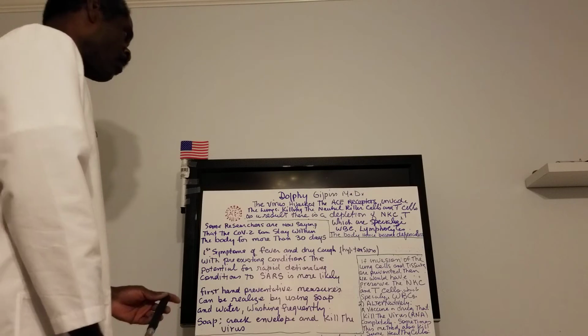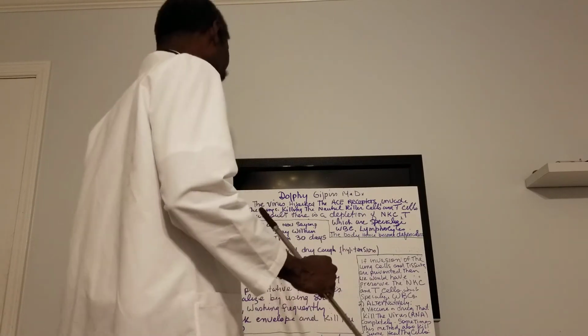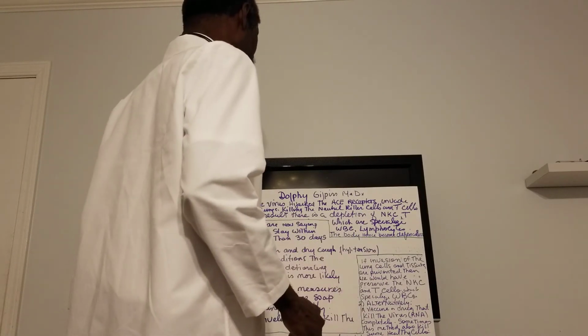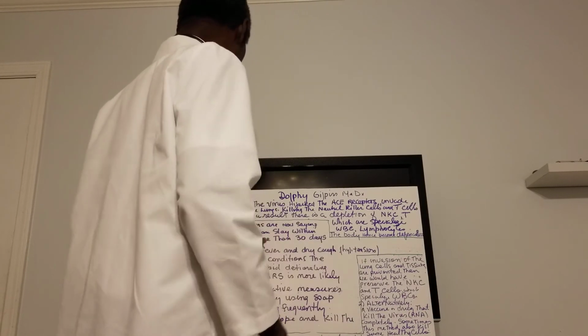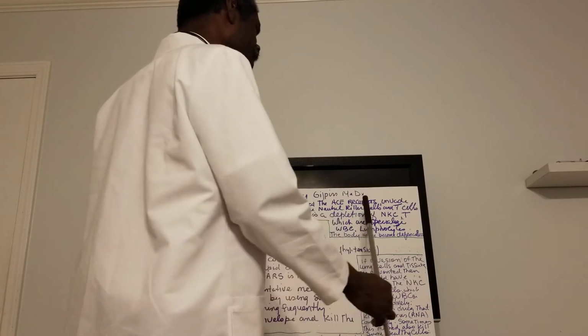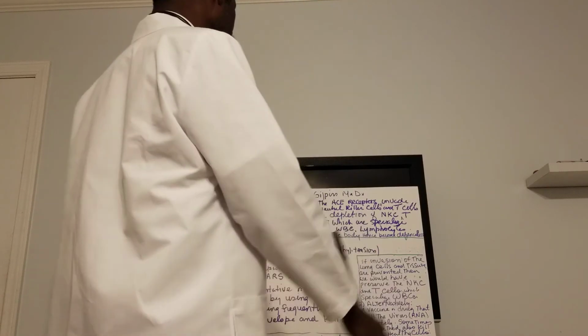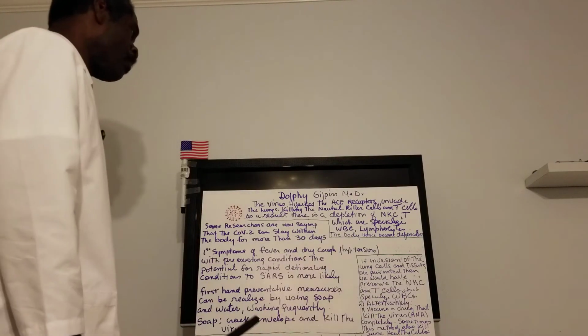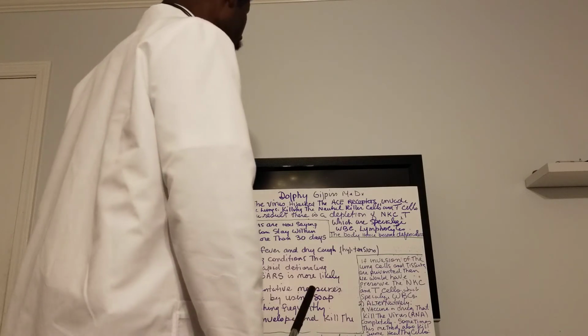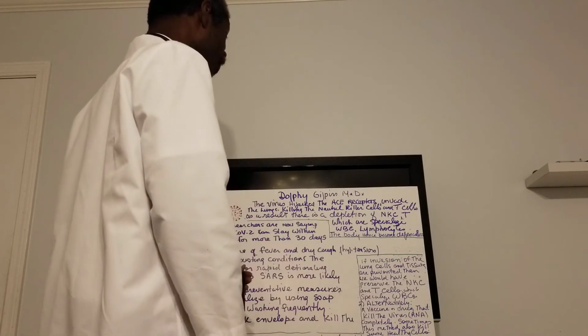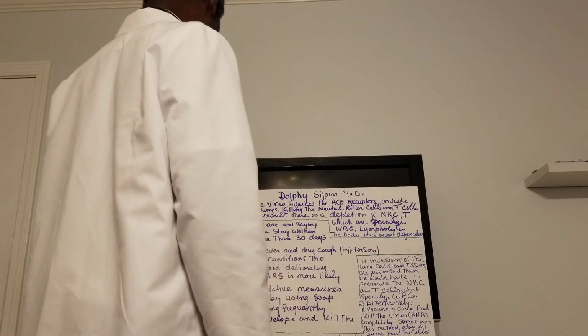What happens is that the virus kills these cells and causes a depletion, which compromises the immune system in such a way that the body has no defense against this virus.